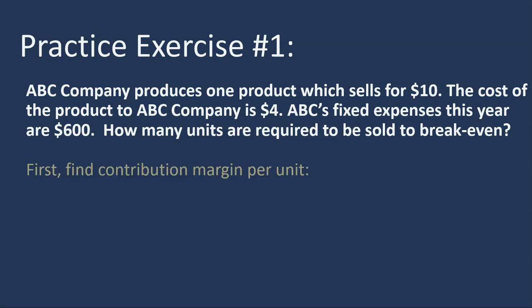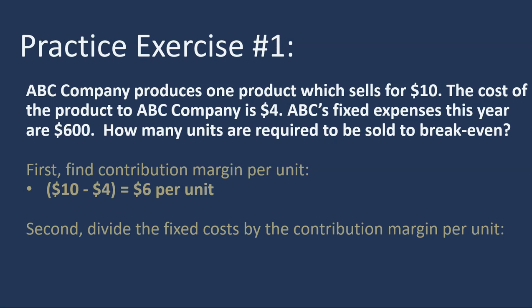Well, we first have to find that contribution margin per unit, so we take the selling price of 10 minus the variable cost of 4. That gives us a contribution margin of $6 per unit. And then we use that formula presented in the previous slide, divide the fixed cost by the contribution margin per unit. So $600 of fixed cost divided by that contribution margin of $6. The break even in units would be 100.